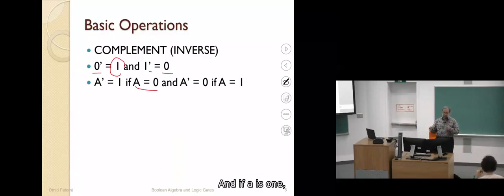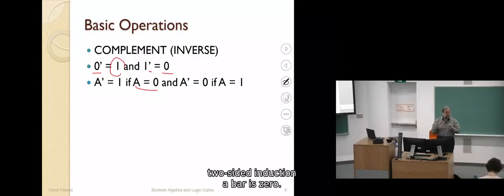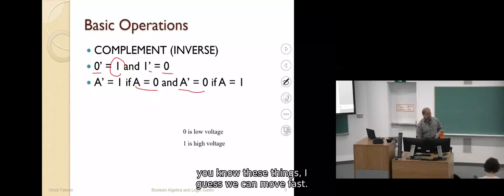And if A bar is 1, then it means that A was 0. So it is if and only if, two-sided. A bar is 0 if A is 1. You know these things. I guess we can move fast.